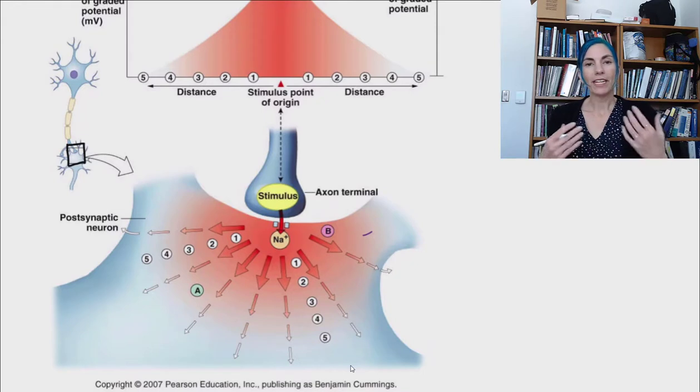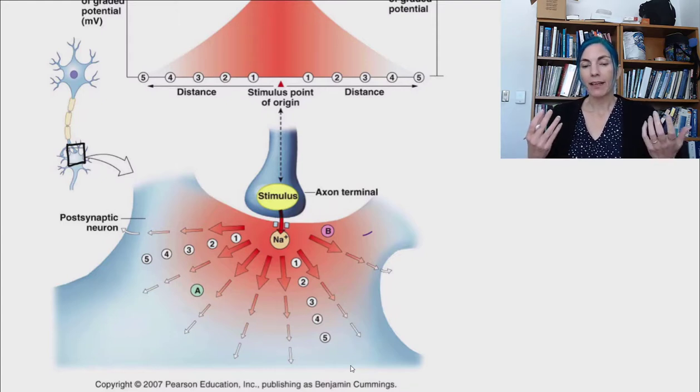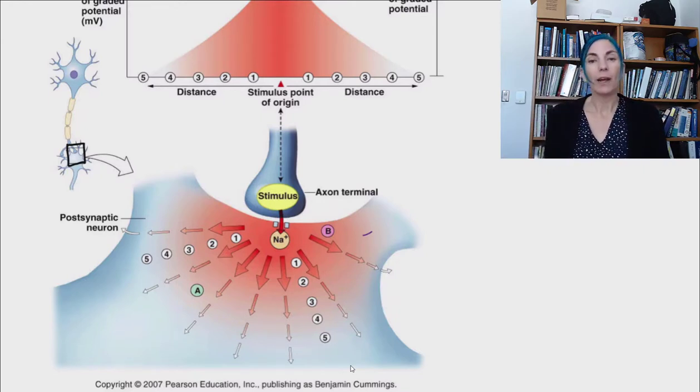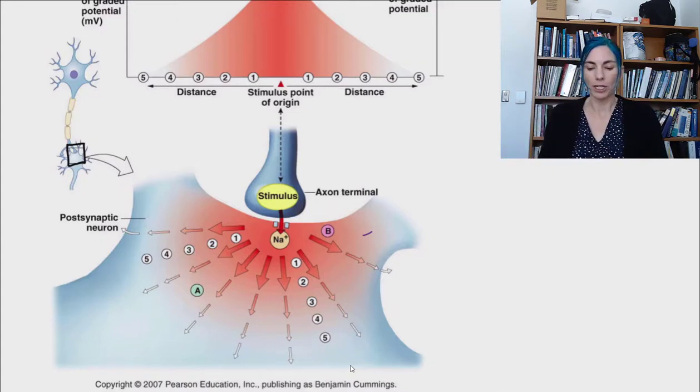So one of the things to note is that when we have a gated ion channel that opens as part of our postsynaptic cell response, then the ion flow will be most concentrated right next to that synapse. So in this example, sodium is coming in, right? So this is a depolarization. But the depolarization is going to be the strongest right there.